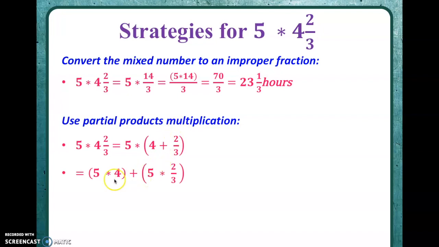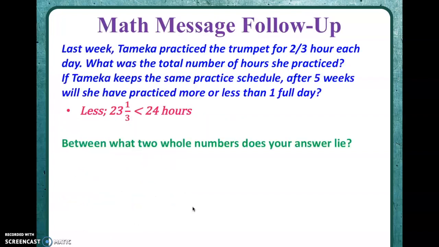So what that looks like is this: 5 times 4, and then we're going to add the 5 times 2/3. What does that give us? Well, 5 times 4 is 20, and 5 times 2/3 is 10/3. So our answer is 20 10/3. Now, they already went ahead and put the 10/3 into 3 1/3. When I add that up together, I get 23 1/3 hours.